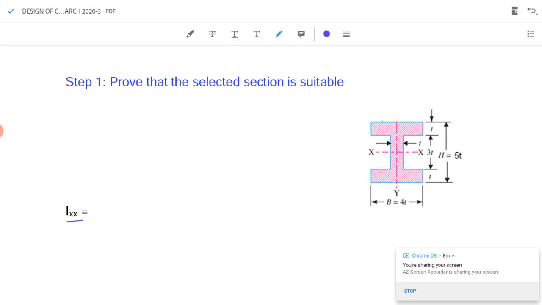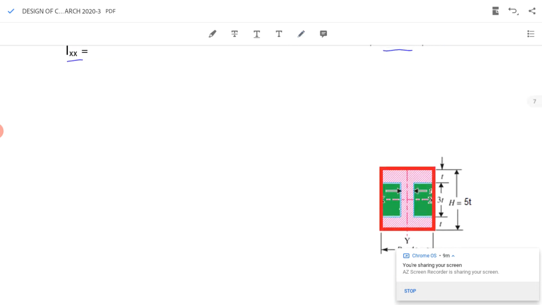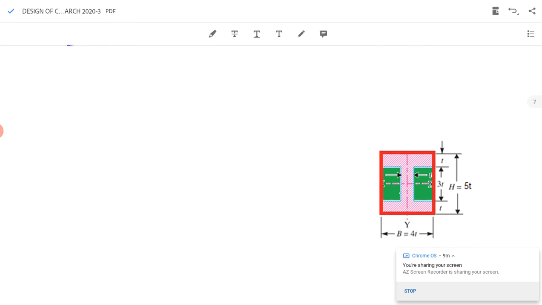In order to find Ixx of this section, breadth 4t and height 5t, I will consider this section initially as a rectangle which is shown in red. See the rectangle shown in red. What will be the moment of inertia about the x axis?